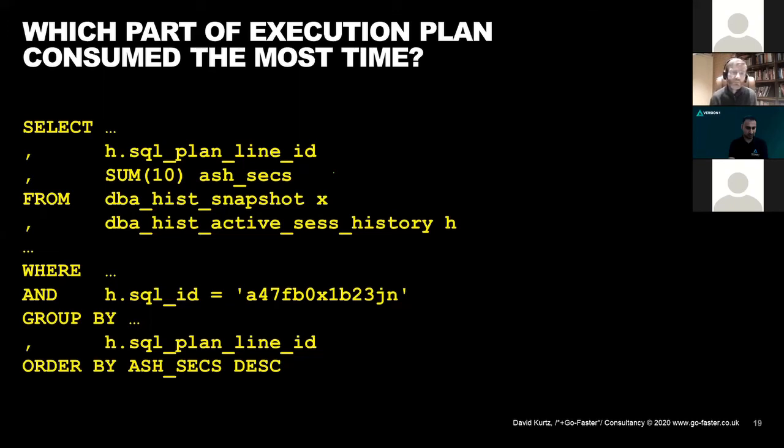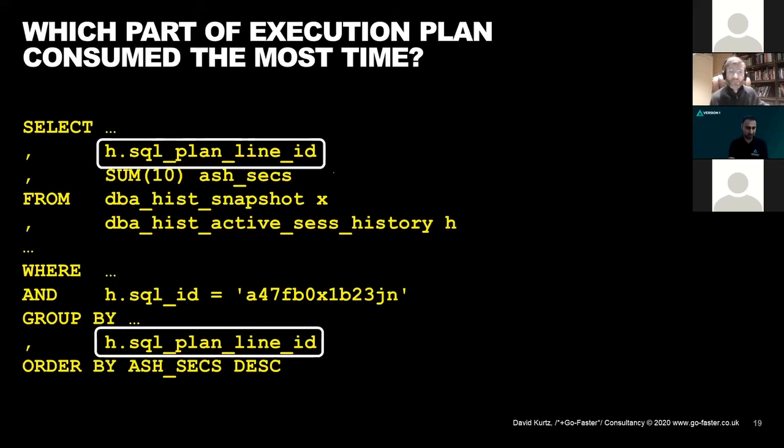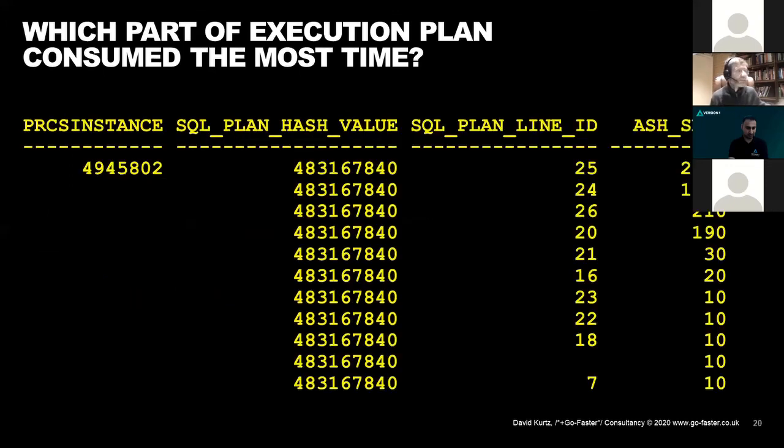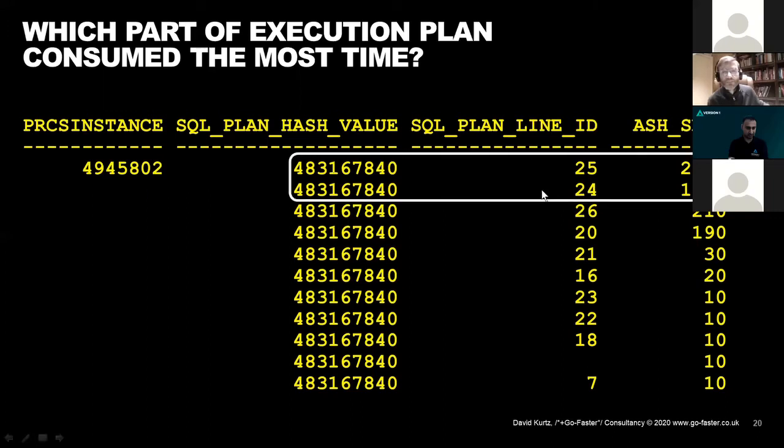And so now I can see which lines took how much time. And it's very obvious that lines 24 and 25 are the things I need to look at.